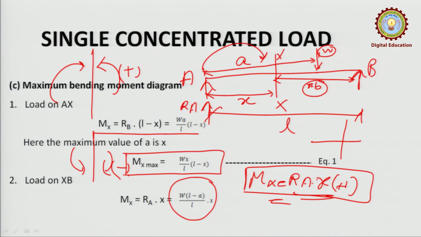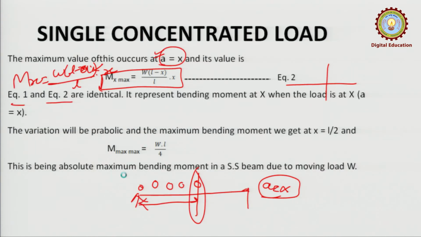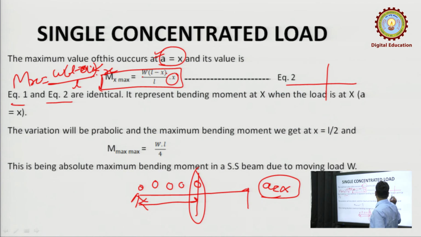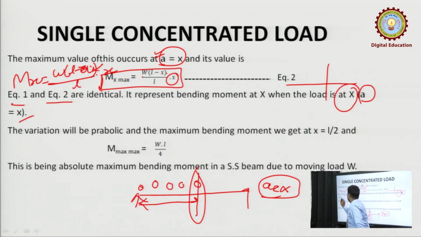The maximum moment is Wx upon L into (L minus x), and the other is W into (L minus x) upon L into x. Both are similar. Why are they identical? It represents the bending moment at x when the load is at x, that is, when a is equal to x.